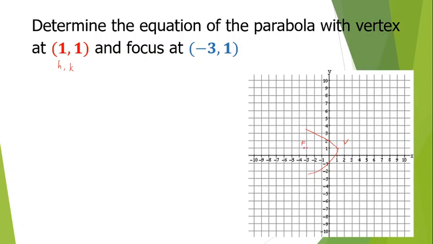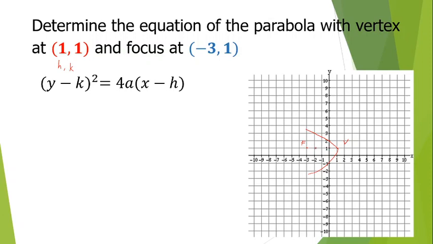left. If the opening of the parabola is to the left or to the right, we'll have its standard equation as (y - k)² = 4a(x - h). This time, let us again determine the distance from the focus to the vertex.